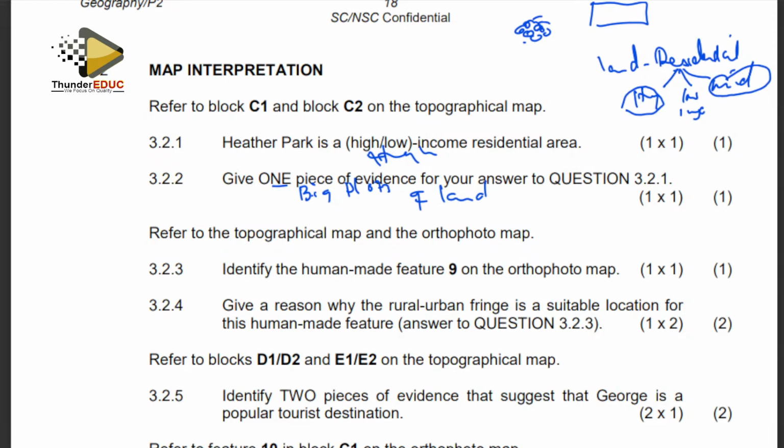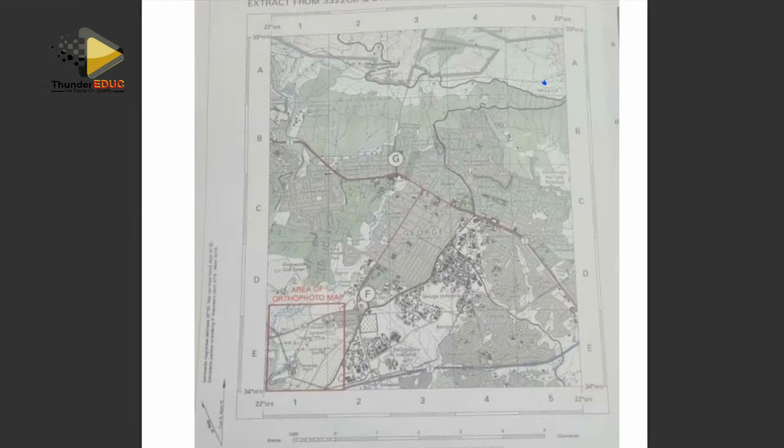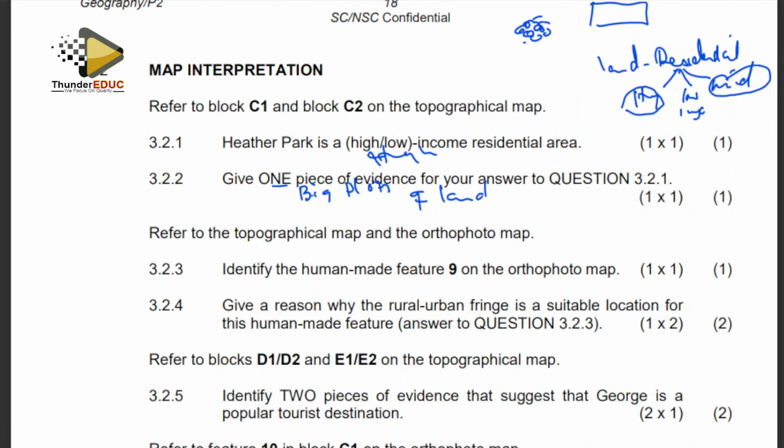When you look at it, let us go to the map and check again. What evidence do we have? We have got a golf course here. There's a golf course here. Okay. And that means it's high income earners, because rich people are normally the ones that play golf. You understand? Rich people like us, you understand that. So we get to understand that golf is a game for the rich.